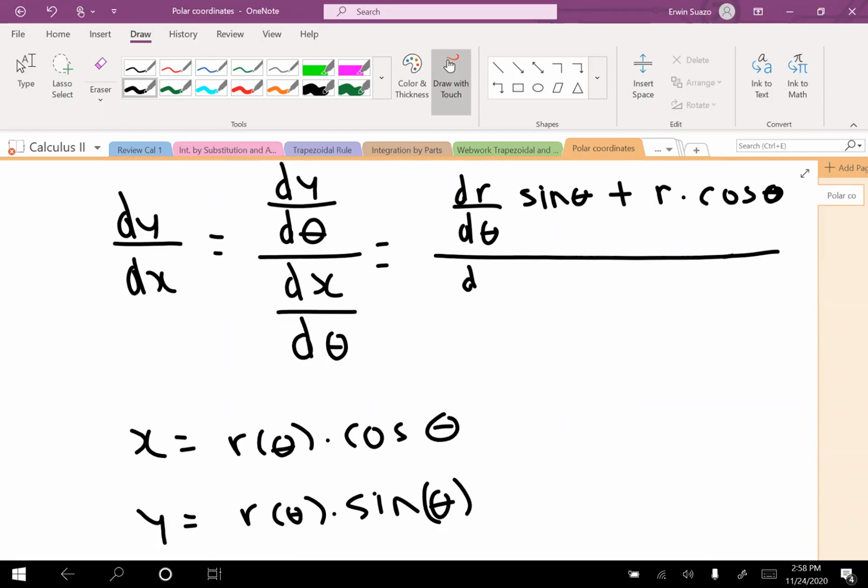The derivative of the first one times the second one without derivative, plus the first one times the derivative of the second one. The derivative of cosine is minus sine of theta. And that's your derivative. Okay. So that's what you use.